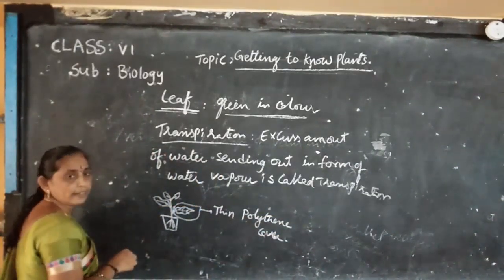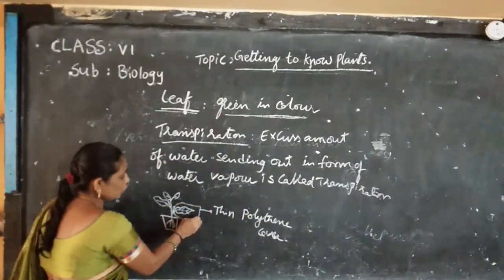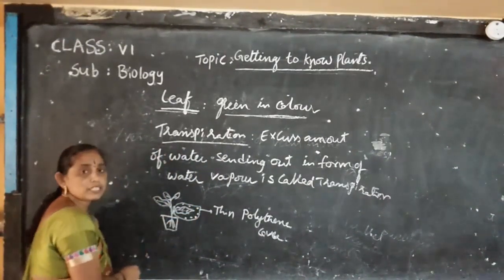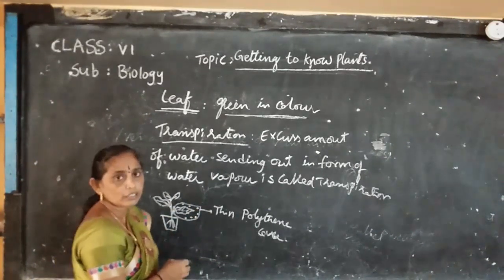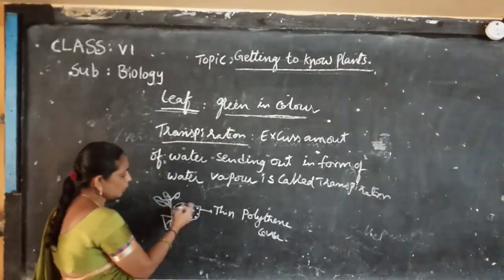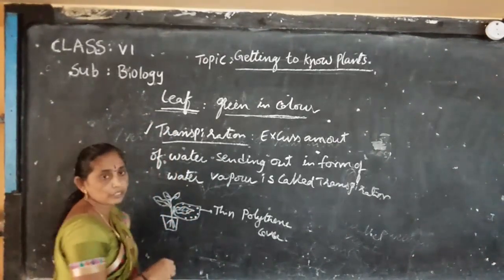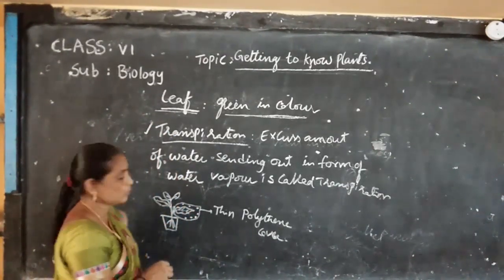We keep it overnight. The next morning we observe small droplets of water present around the inside of the cover. This is called transpiration.